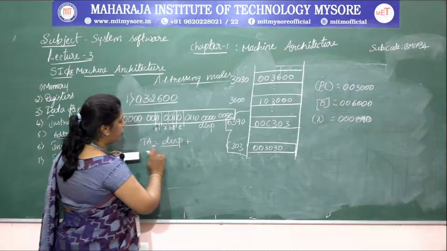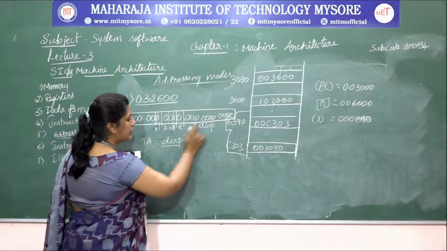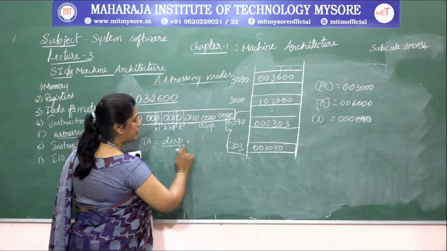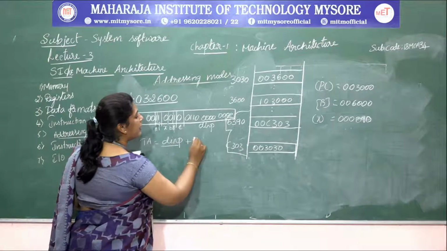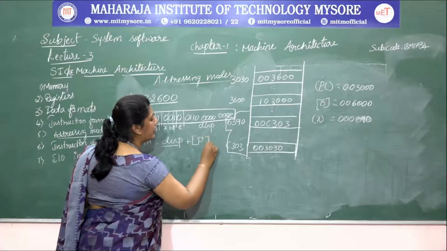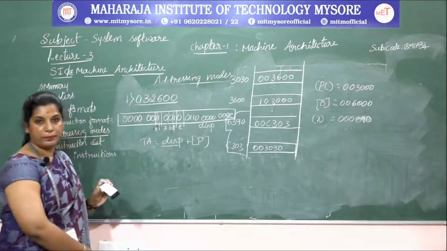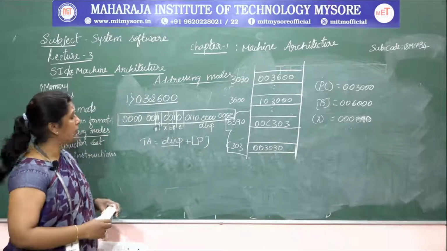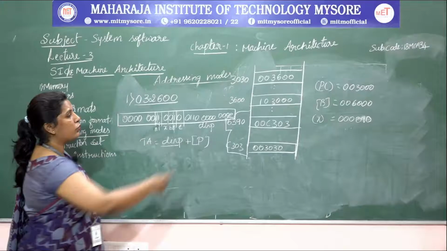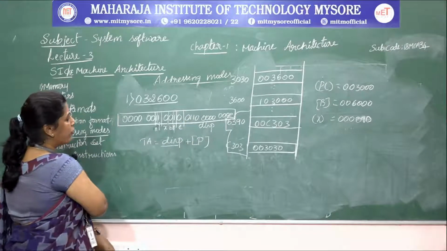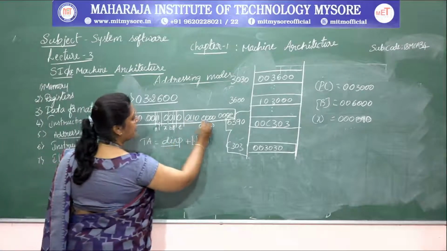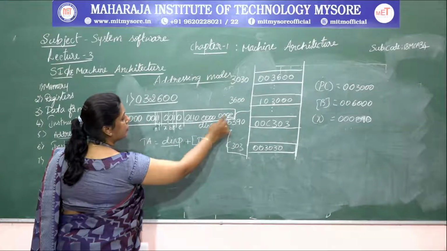So to get the target address, we need to consider the displacement value plus the content of the program counter, because it is program counter relative addressing. Here they have given the program counter value. What is the displacement value? 600.